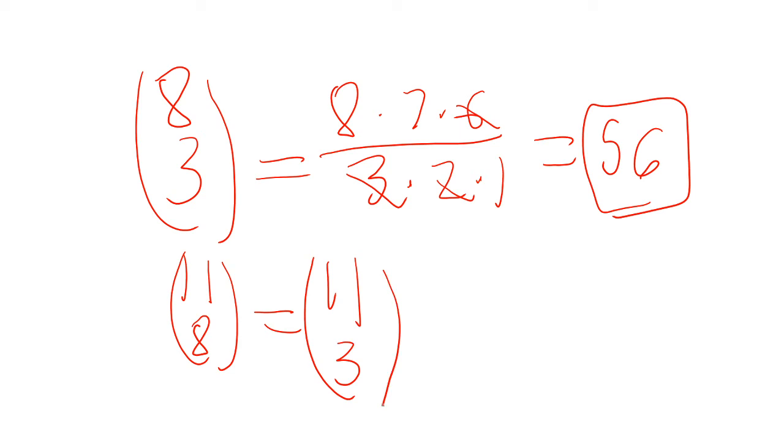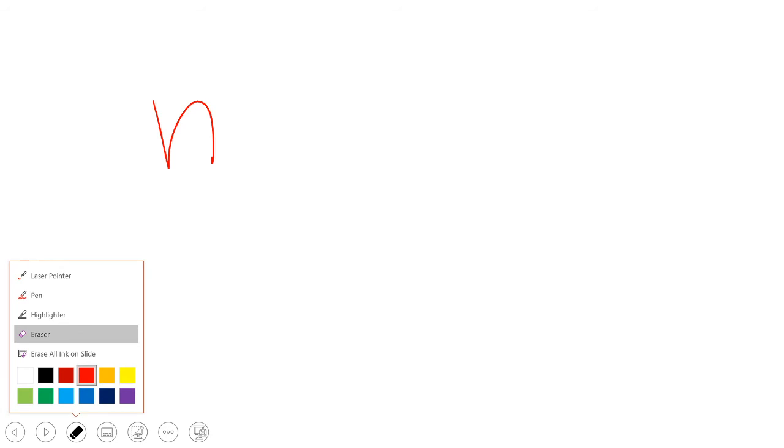I'm going to write this in a more generalized way. If we have n choose k, it is equal to n choose n minus k, which is n over n minus k factorial.